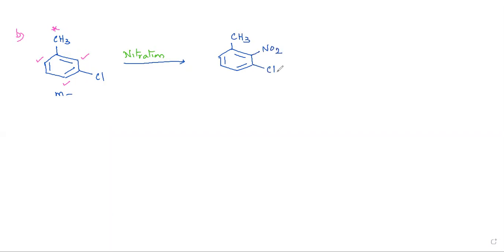The first one, of course, when you speak of the possibility of the formation of this product, this is very much difficult, because it has to actually get attached in between two very big groups. So if you consider the percentage, it will of course be very less, but it's a possible product. Then go for this.